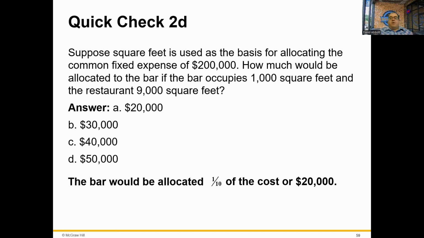The answer would be $20,000, because the bar would be allocated 1/10 of the cost. The bar only uses 1,000 square feet, whereas the restaurant occupies the rest.